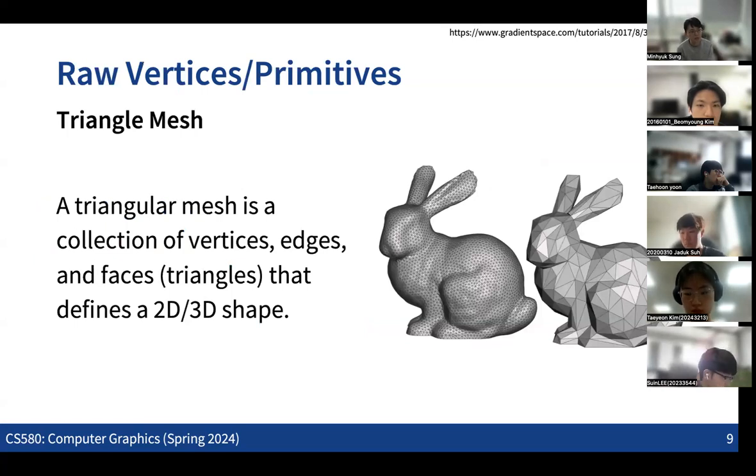A triangle mesh is nothing but a sort of net, a graph structure, where we have a collection of 3D vertices and connect them to form lots of triangles in the 3D space. It does not need to be exactly a triangle mesh. It can be any kind of polygon mesh, but the triangle mesh is the simplest form for representing surfaces in the 3D space in a compact way.